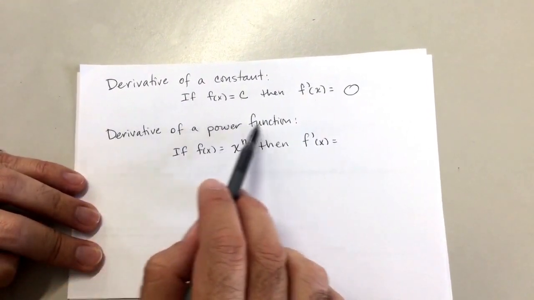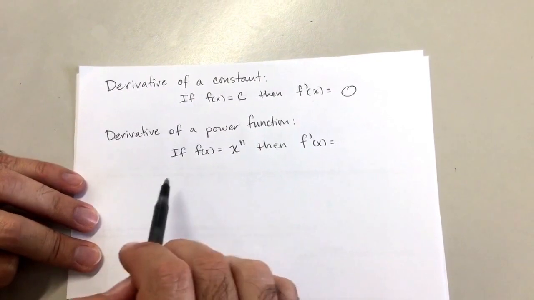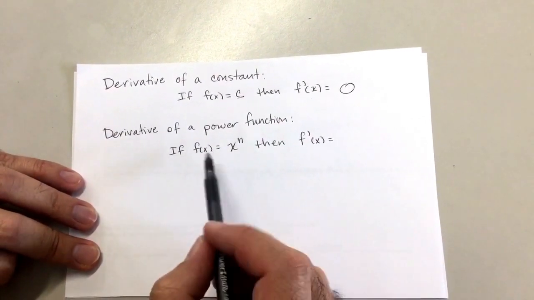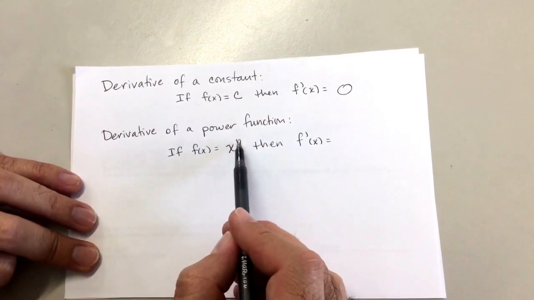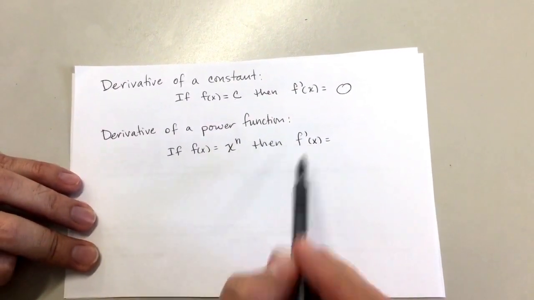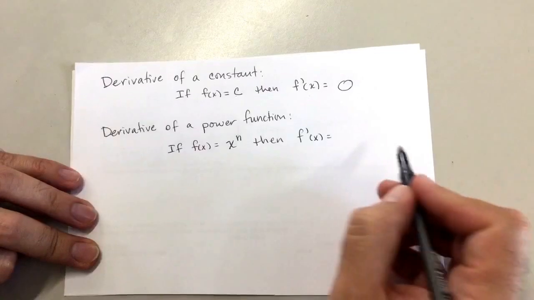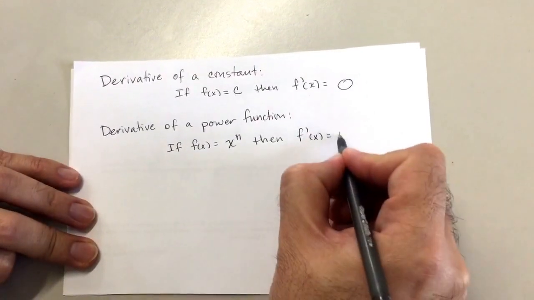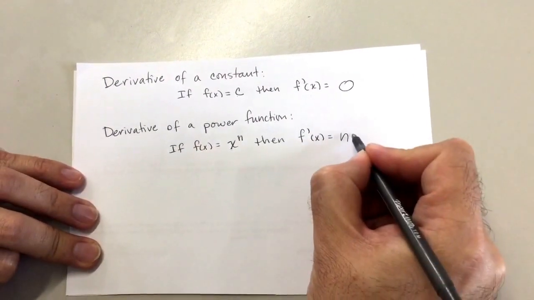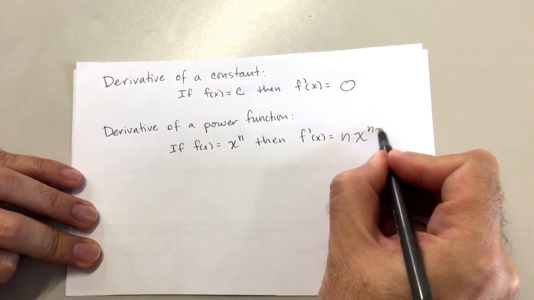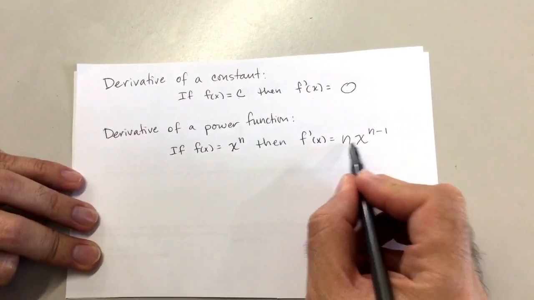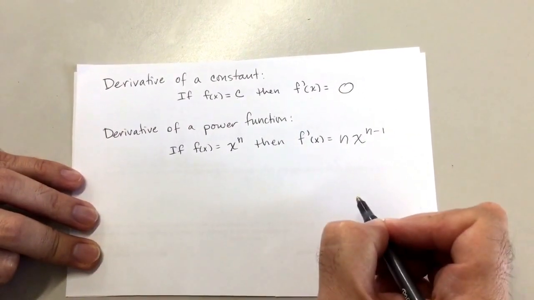Then we have the derivative of a power function. As we've seen in class, if f of x is a power of x, x to the power of n, then for its derivative, we bring the exponent down, n, times x to the power of, we subtract 1 from the exponent, that would be n times x to the power of n minus 1.